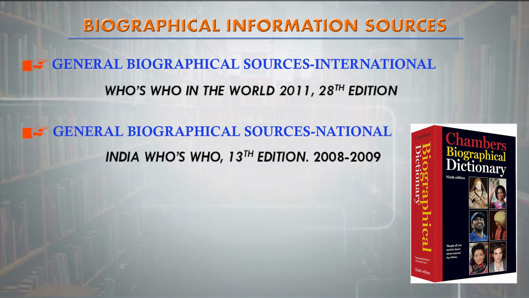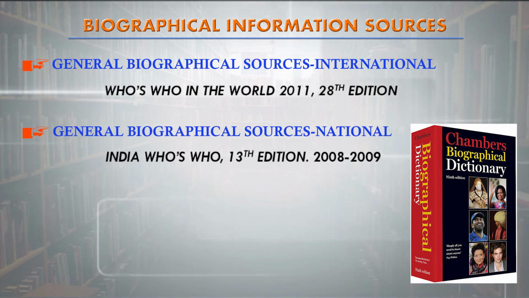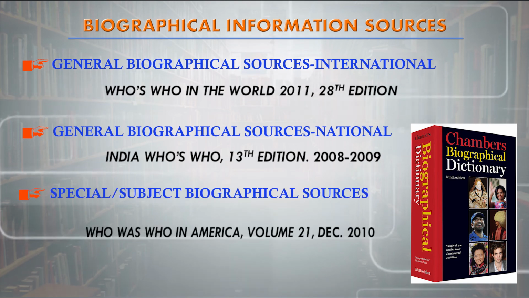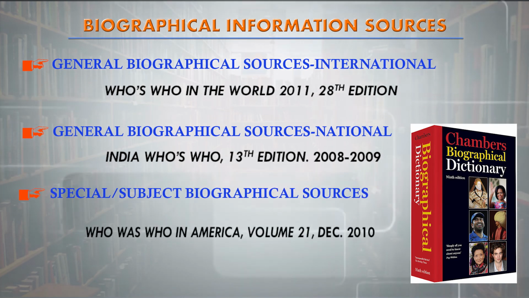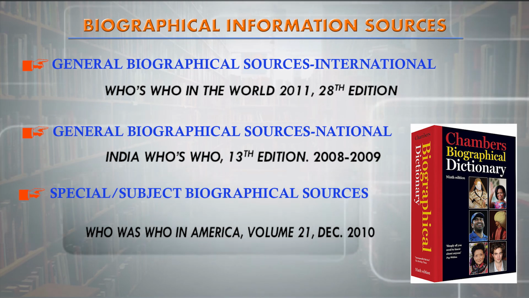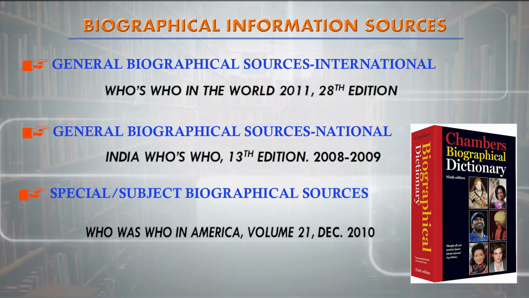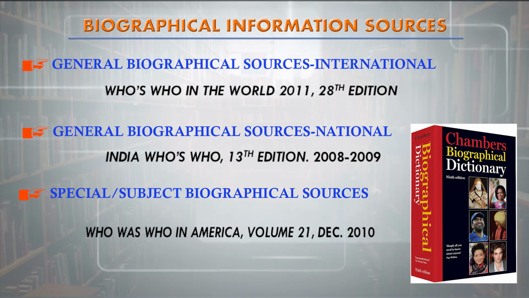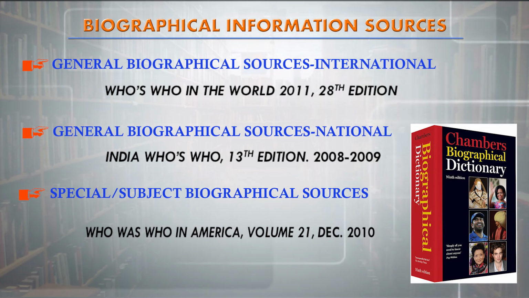We also have national biographical sources, like India Who's Who. We have special subject biographical sources, like Who's Who in America. These biographical sources are very helpful in knowing about the biographies of different eminent personalities.